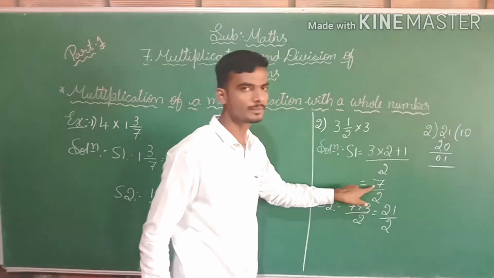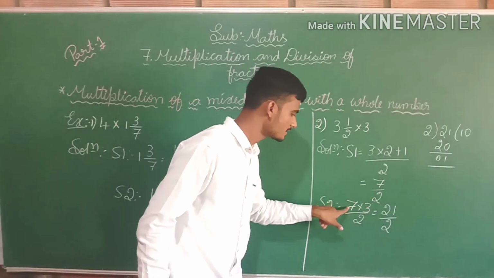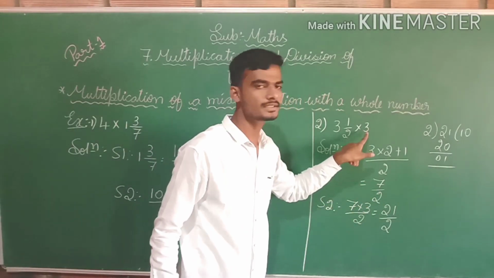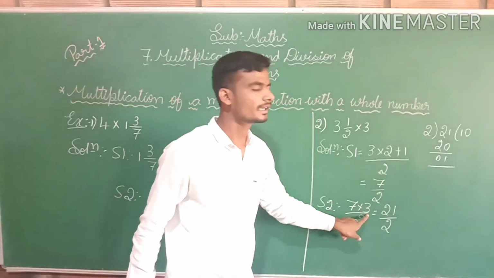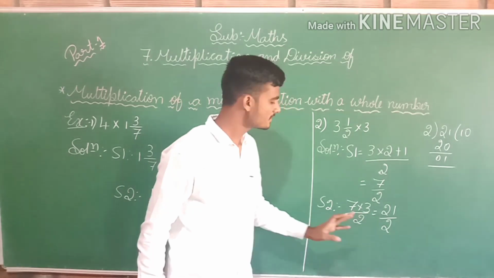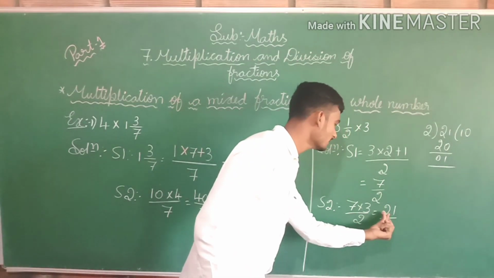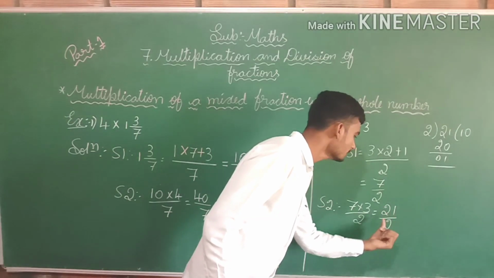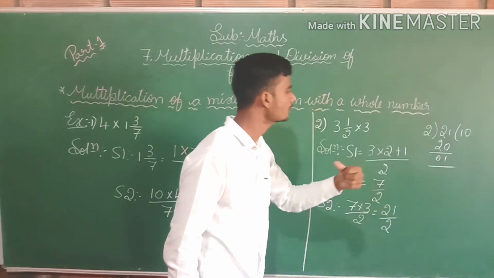Okay, then what is the numerator part? I have written here, the numerator part is 7. Then the whole number is how much? Here it is 3. 7 into 3 divided by 2. The denominator will remain the same. Then what answer will you get here? You will get 21 by 2. 7 3s are how much? 7 3s are 21 by 2.